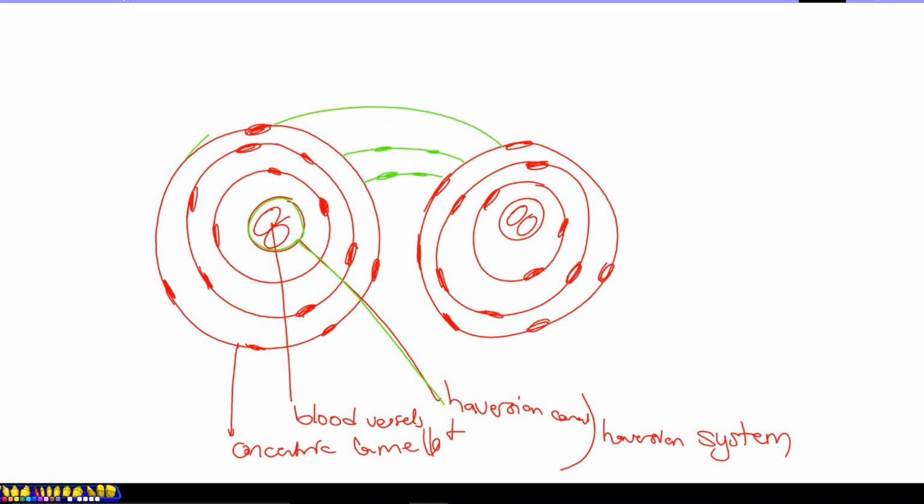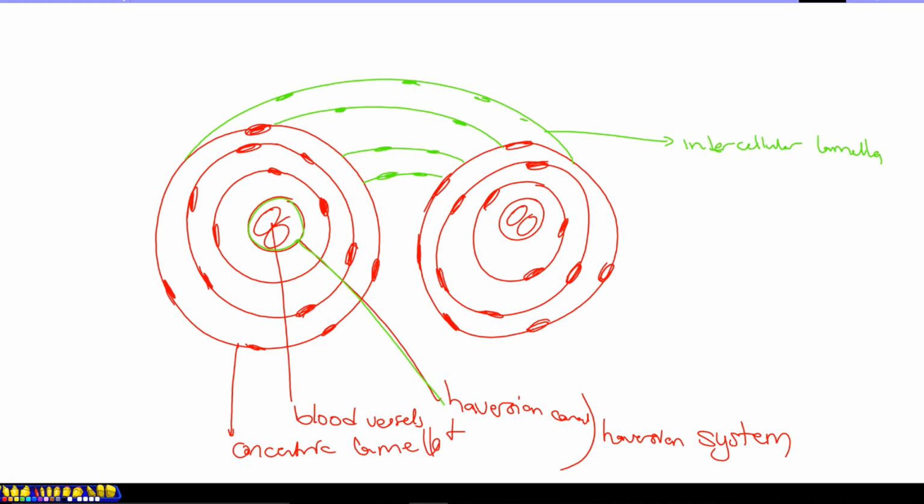They are not complete circles. They just fill the spaces between Haversian systems, and we call this lamella intercellular lamella.